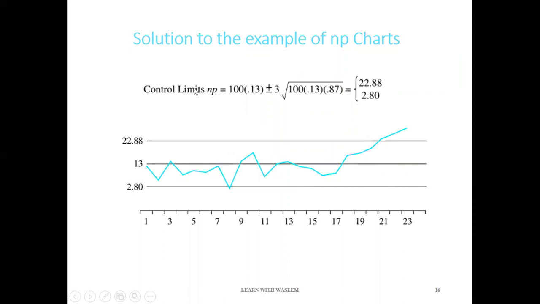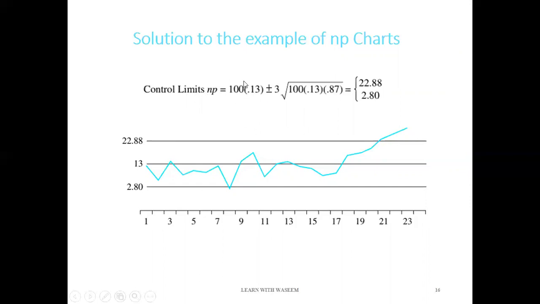As you know, the formula for the control limits of NP, if you want to find the upper control limit of the NP chart, is N into P bar, where N is 100 and P bar is 0.13, plus, for the upper control limit we use the plus value, 3 into SNP. The value of SNP is the square root of N into P bar into 1 minus P bar.